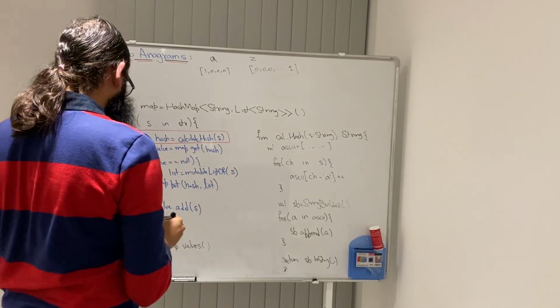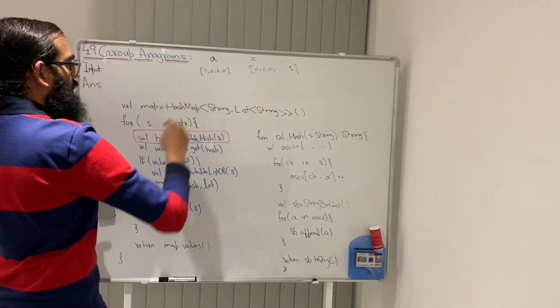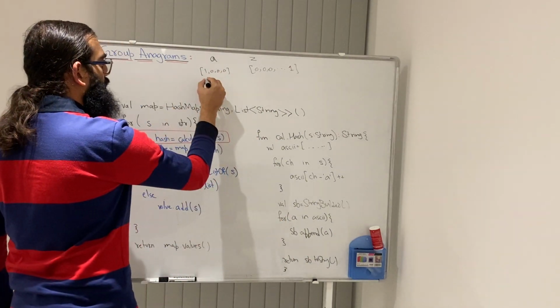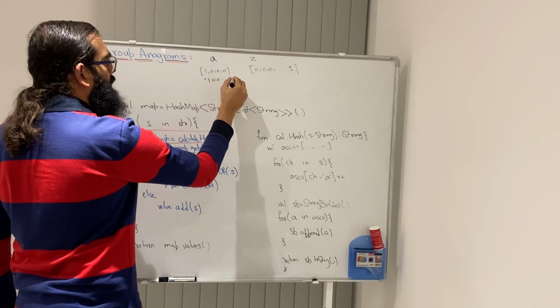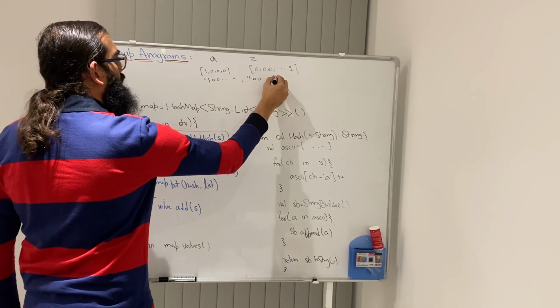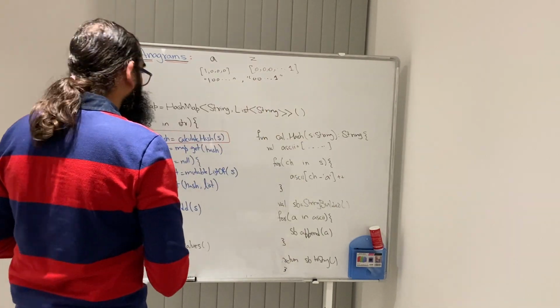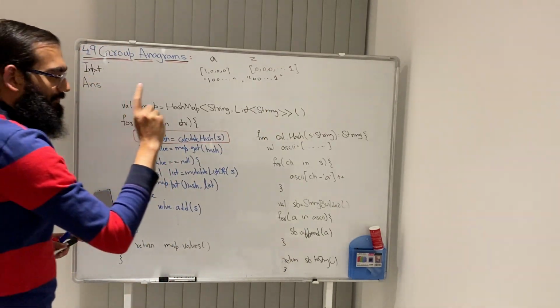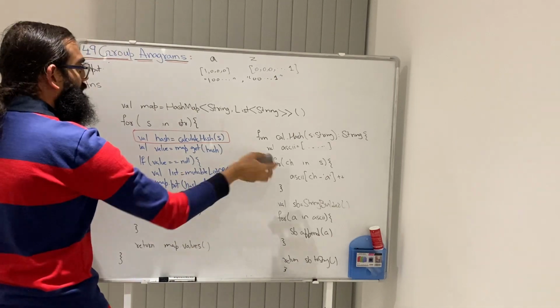In this case I return a string 1 0 0 until 26, and then 0 0 until 1. So both are unique, but still there is one error or bug.